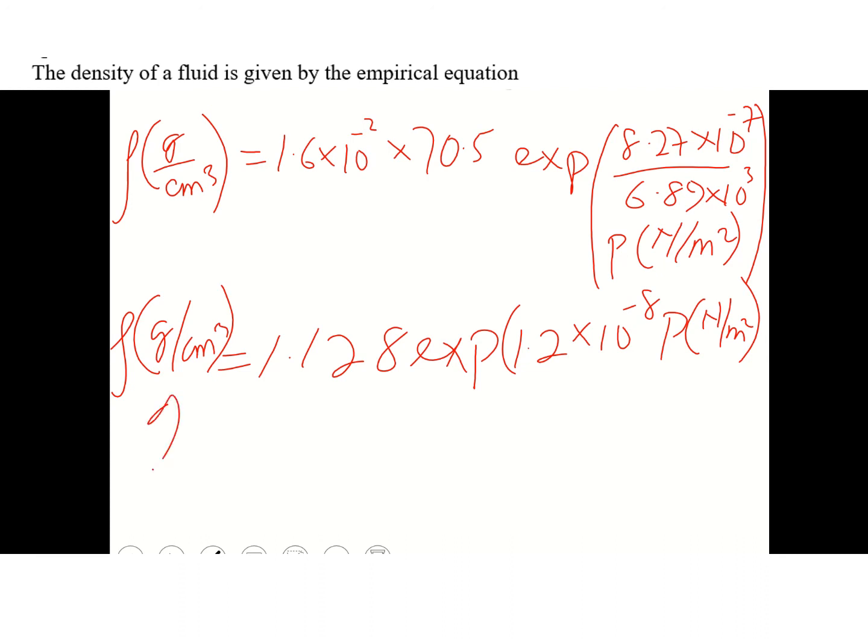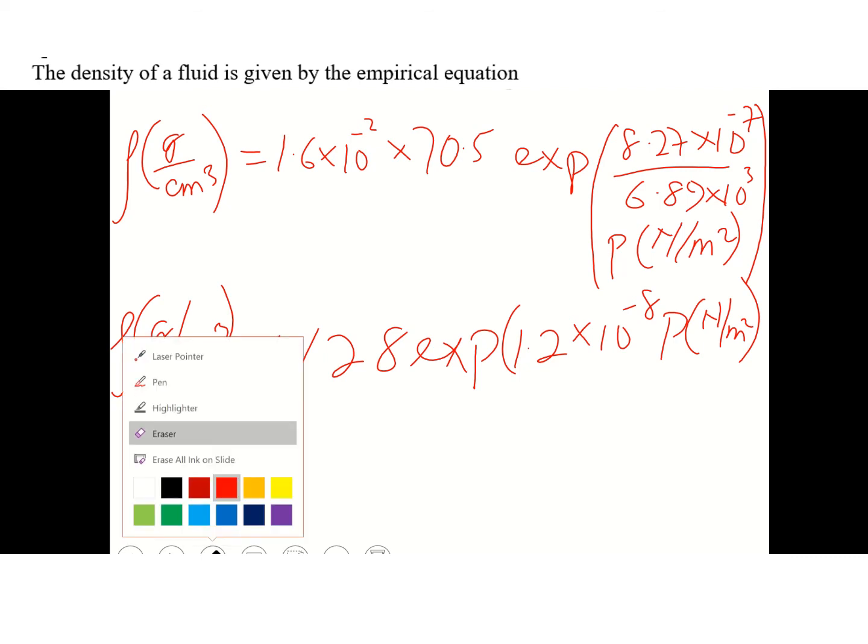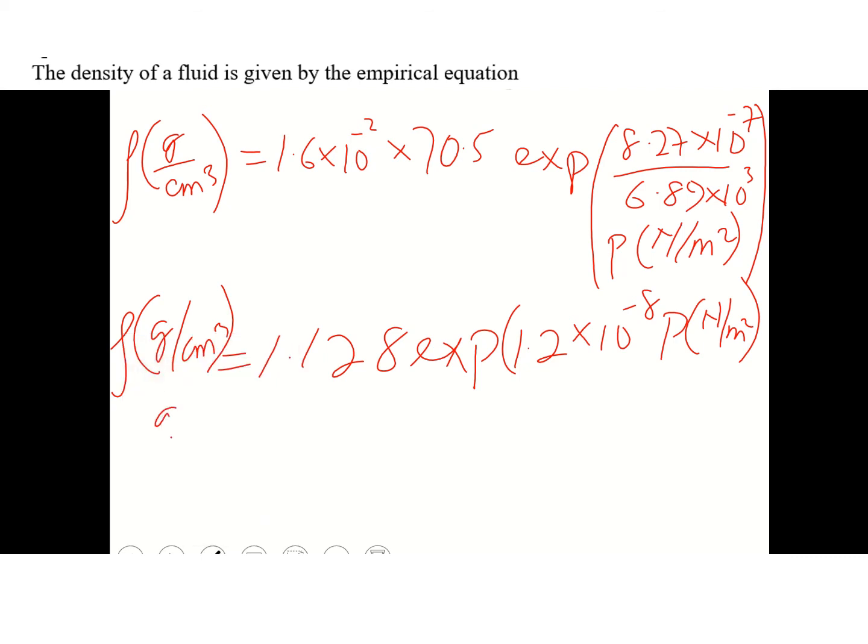Now, if we are given that P is equal to 9 times 10 raised to the power 6 Newton per meter square, what are we going to do? We're just going to substitute.